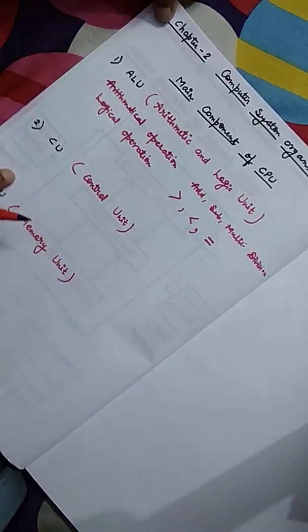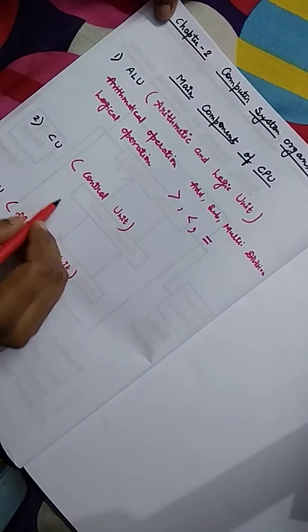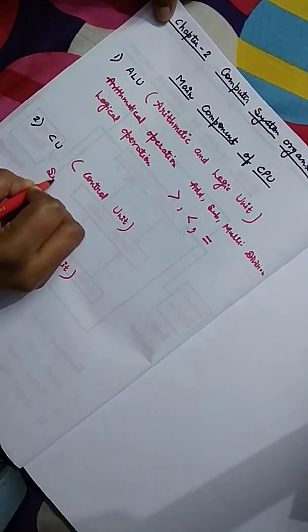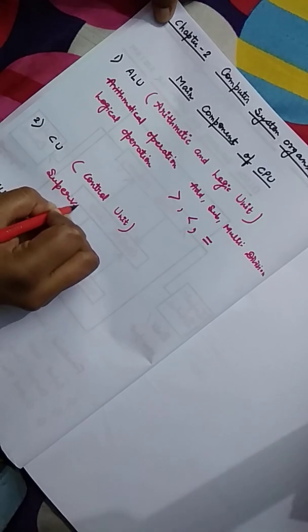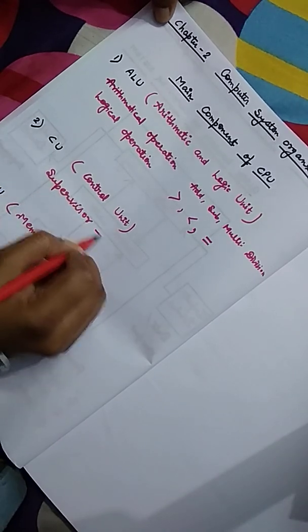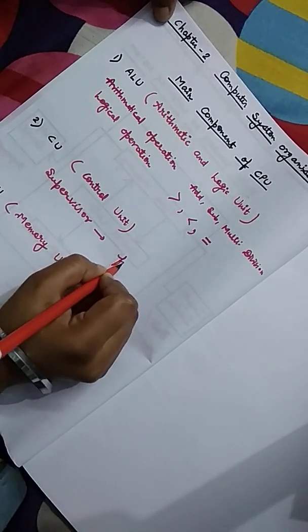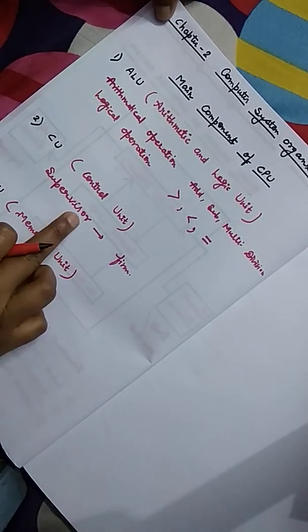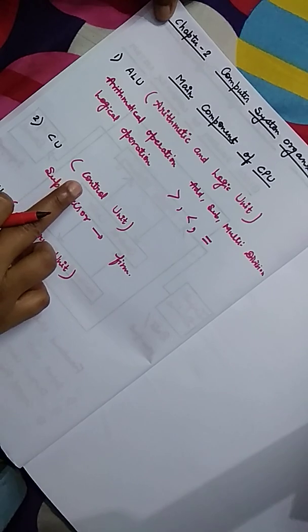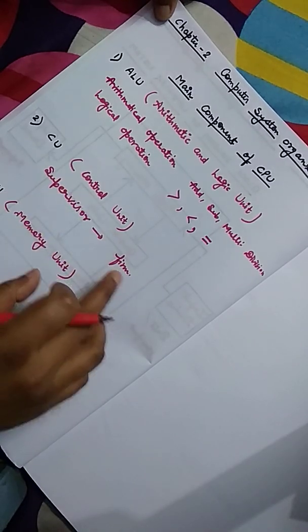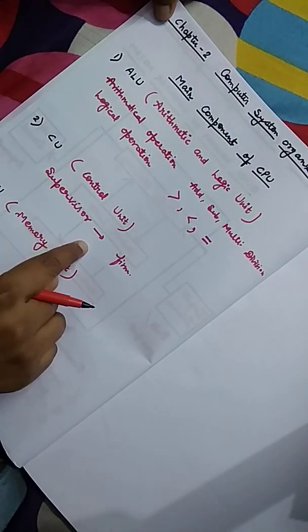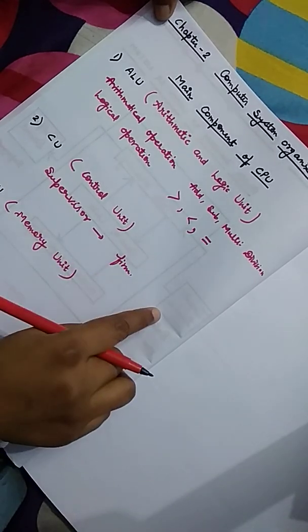That means we can say that control unit is just like a supervisor of any company or firm that takes care of, controls, or evaluates every operation performed in that company.